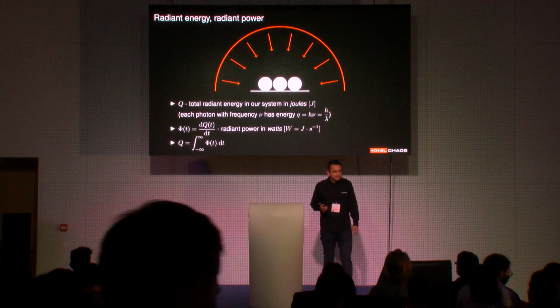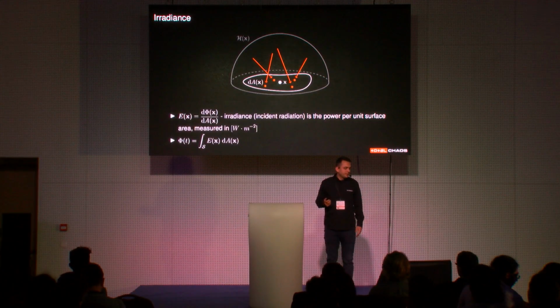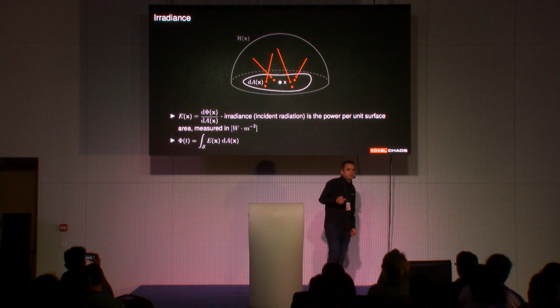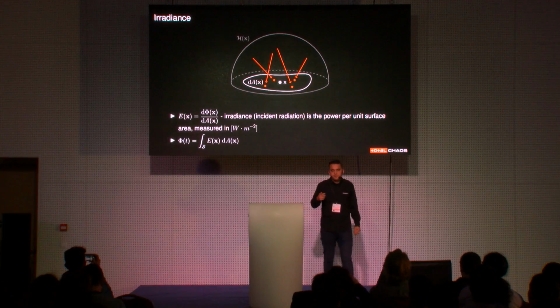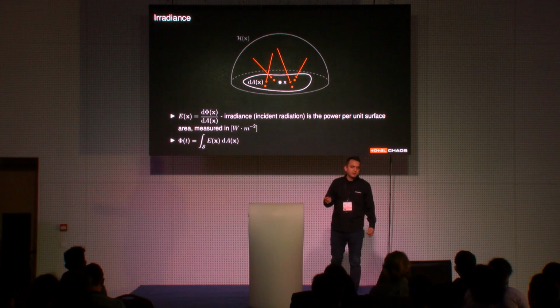The power is the energy per unit of time. Then we have the quantity of irradiance, which is basically the power per unit area. So we can measure power at a point.